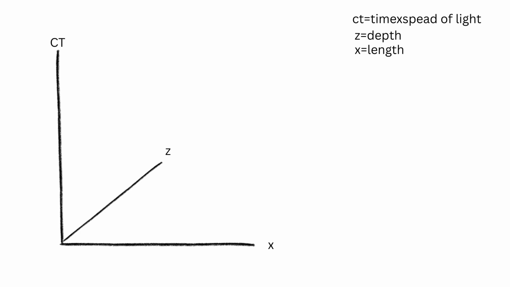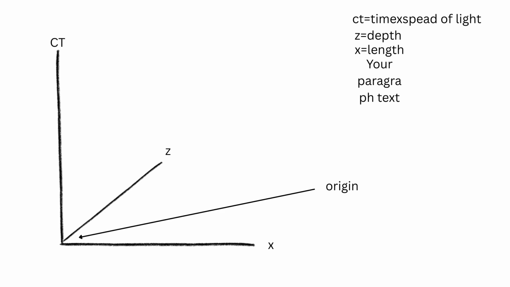The four coordinates are CT, X, Y, and Z. CT is just the speed of light times time. It basically just makes it possible to measure time so it has the same physical dimensions as space. And Z is depth.